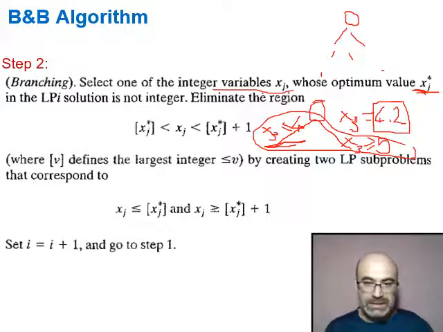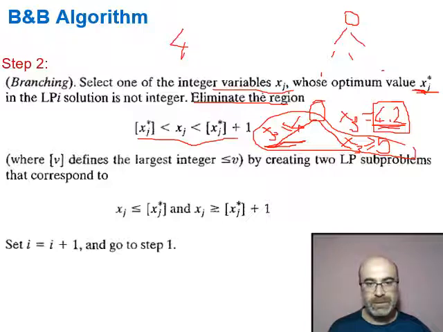Okay, if you read this step in the algorithm, you may be confused. It says: eliminate the region where xj is less than xj star, in this parenthesis, is less than xj, etc. Basically, what it says is this: if you got 4.2, then you should eliminate the region for this x3 where it cannot take any integer values between 4 and 5.